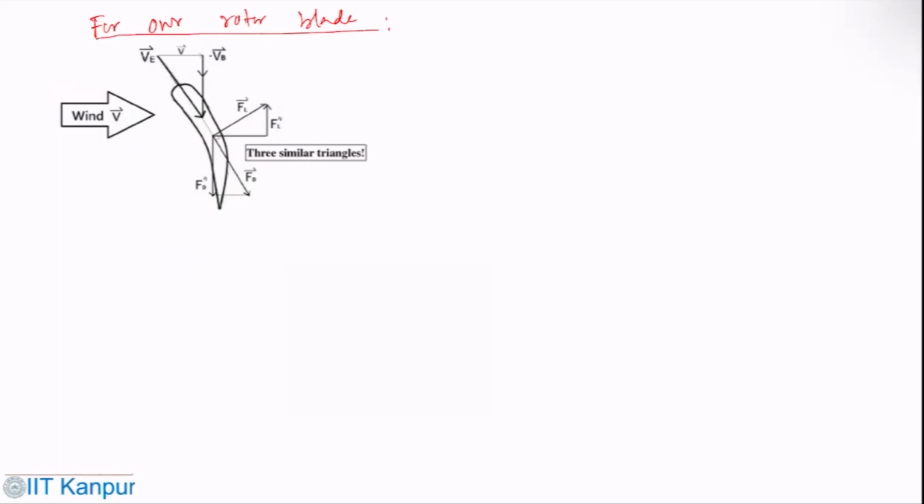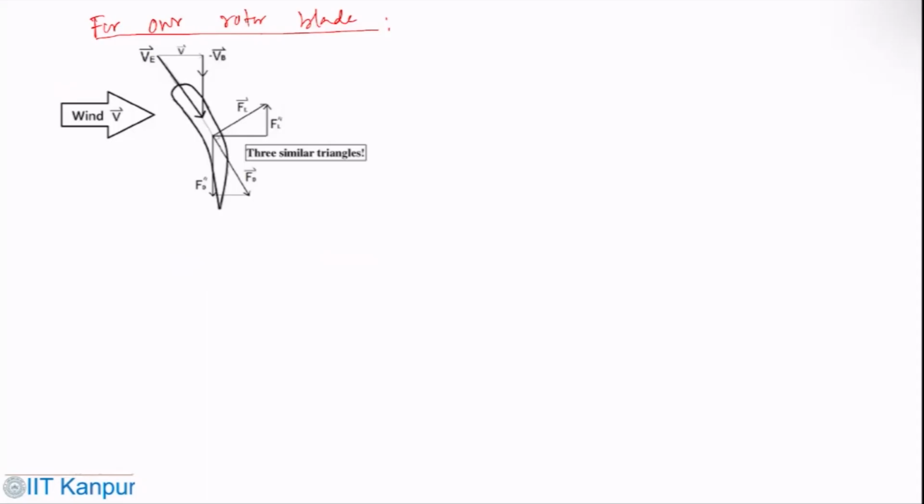On top of the airfoil, this is the wind velocity, the effective velocity, and then you have the lift force, the drag force, and other components. So you have three similar triangles.